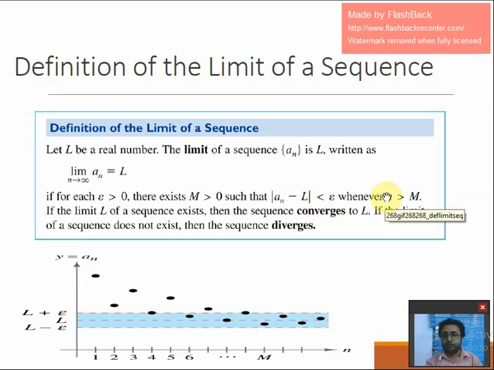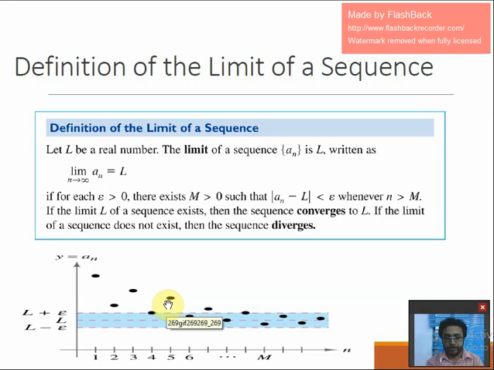That means there will be some number m, after which all the values A_n coincide with this L value.